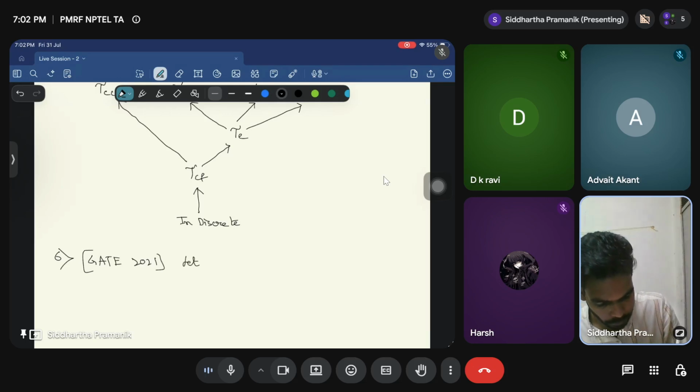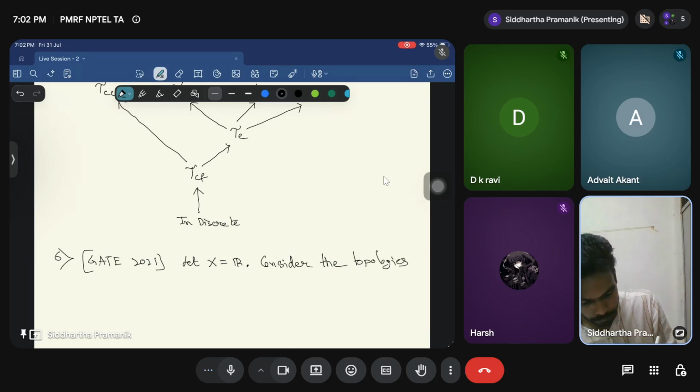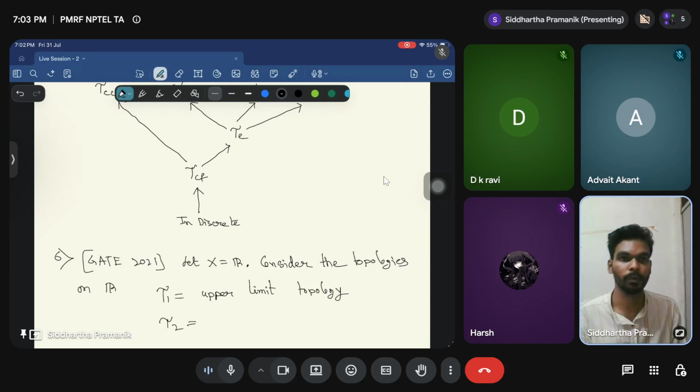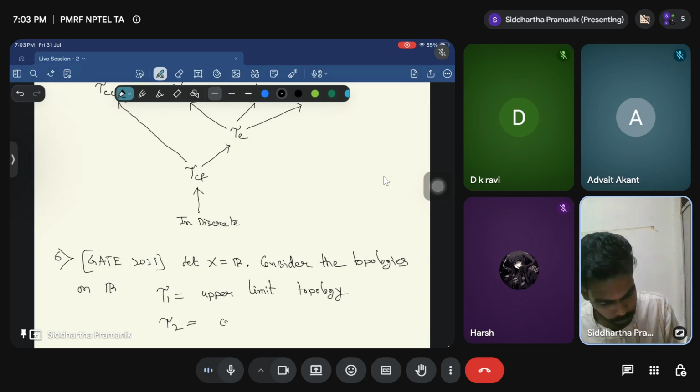So let X be the set of all real numbers and consider the topologies on R. Tau 1 is the upper limit topology. Tau 2 is the cofinite topology.